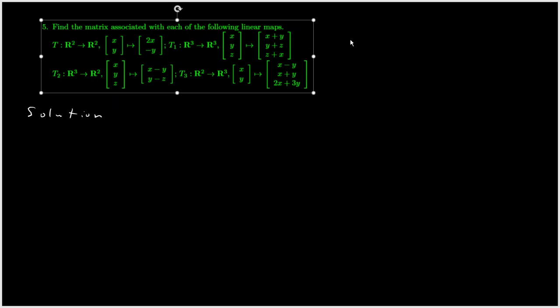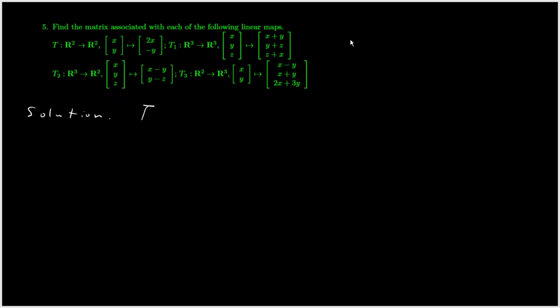Now the solution. So maybe we'll do one question at a time. Now let's concentrate on T first. So I'm going to copy T. For T, from R2 to R2, the domain is R2. The codomain is also R2. So this time the rule is given as follows: every vector in R2 is mapped to the vector with two components, 2x and negative y.